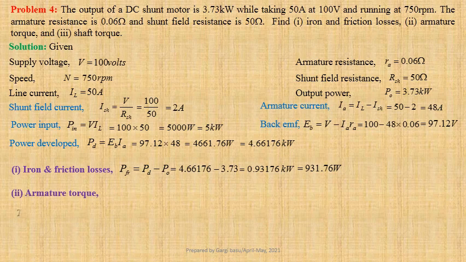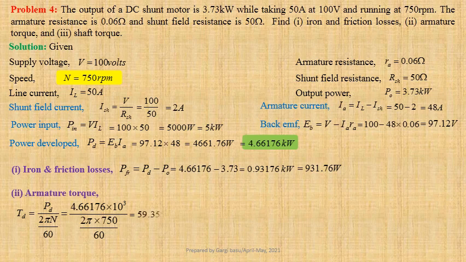Armature torque TD equals PD divided by 2 pi N by 60. Using values, we get 4.66176 into 10 to the power 3 divided by 2 pi into 750 by 60, that gives us 59.3554 Newton meter.